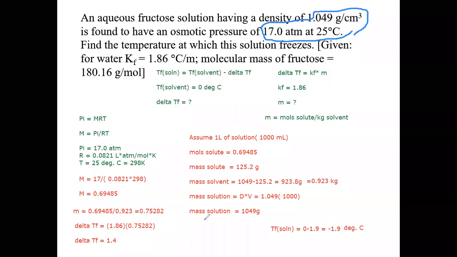So again, when you make it this far, you find delta TF. Excuse me, not 1.9, it should be 1.4.